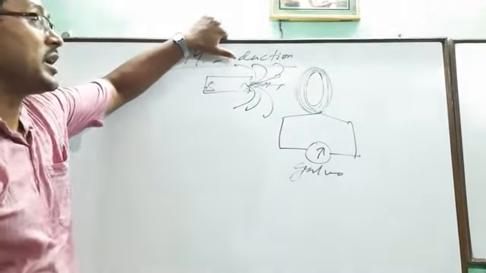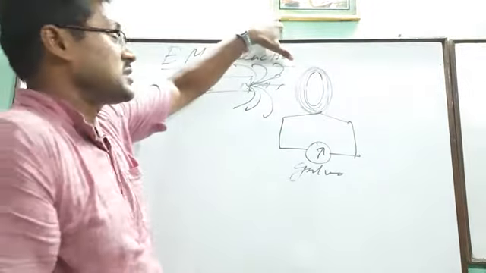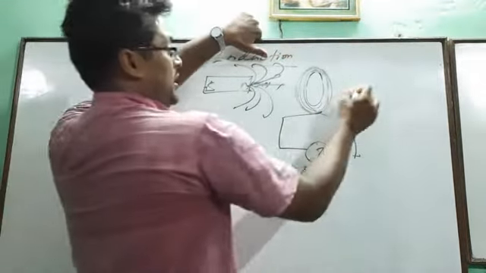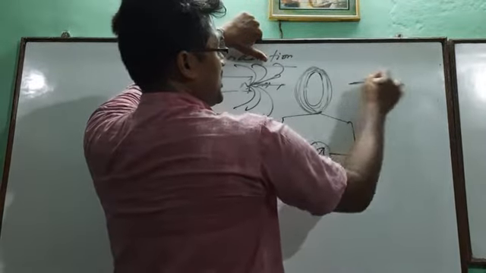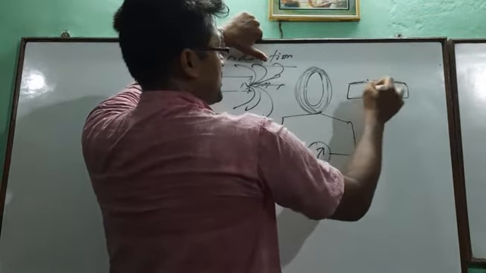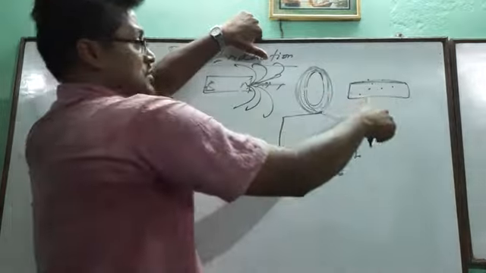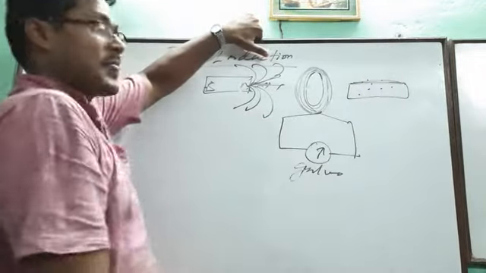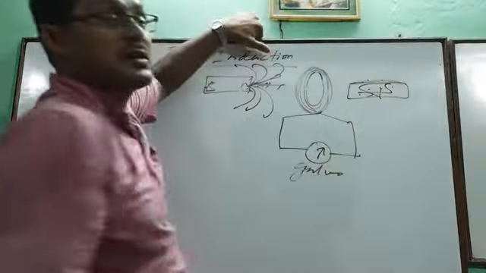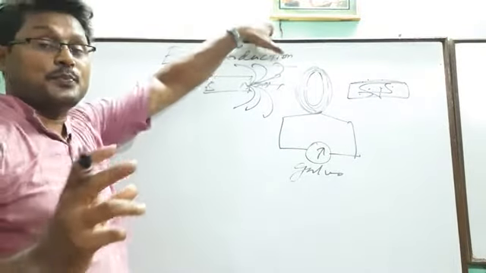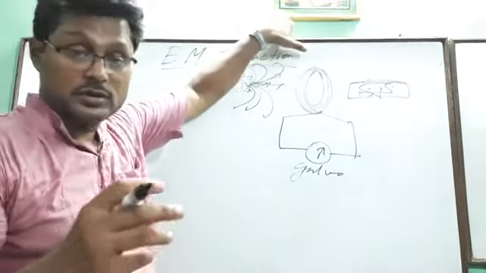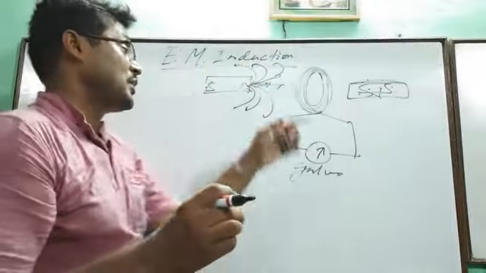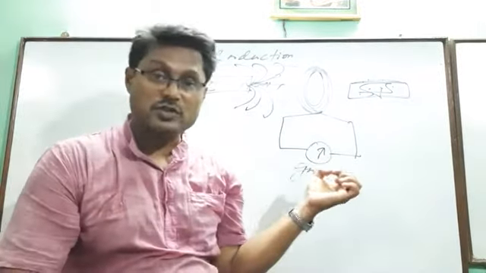When the flux changes, we know that many free electrons are present in a conductor, but these free electrons move randomly, just like the random motion of gas molecules.